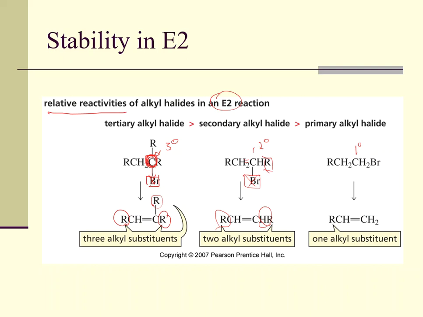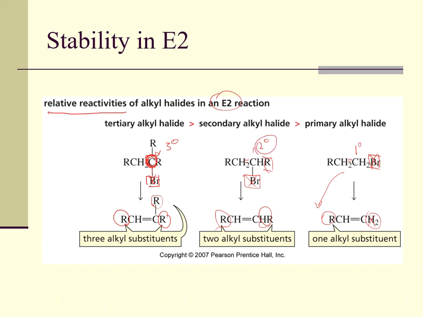Okay? And then finally, the primaries over here at the end, this bromine's going to leave. Well, the carbon's going to involve a double bond, but over on the right-hand side, look, there's only two hydrogens that are there. We don't really count those as groups at all, and we only have one group. So a primary alkyl halide gives me a primary substituent, just one.